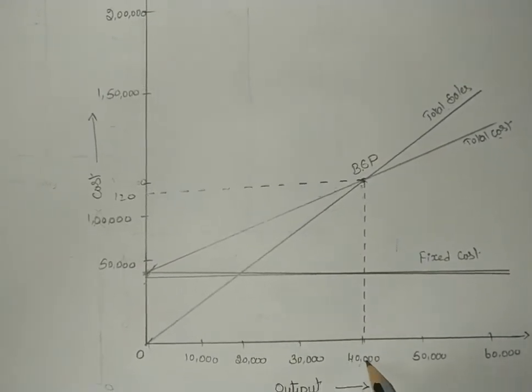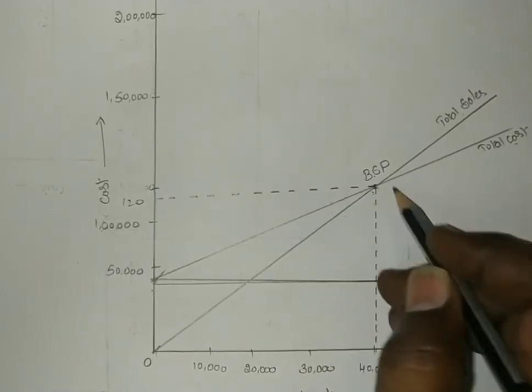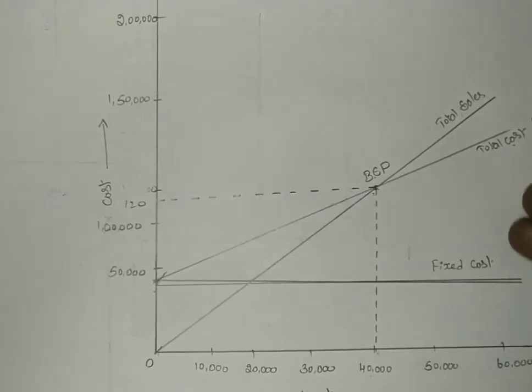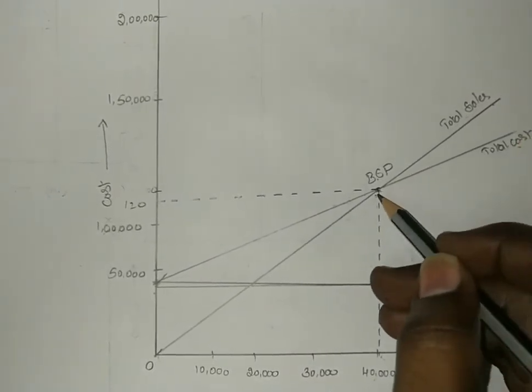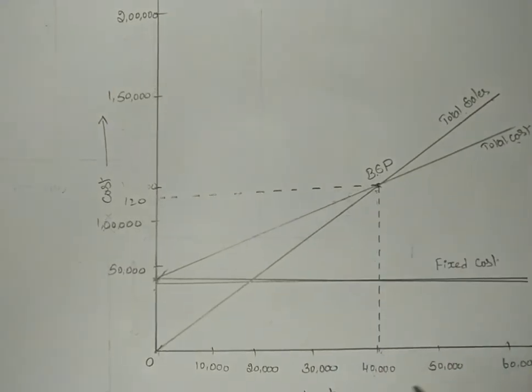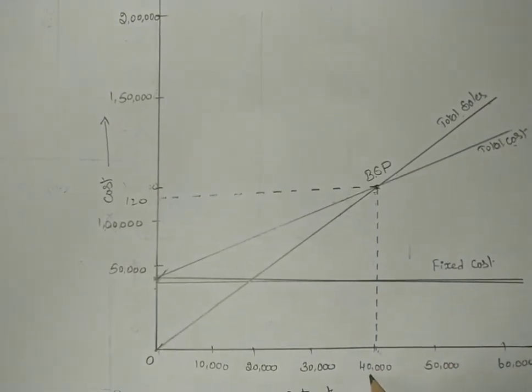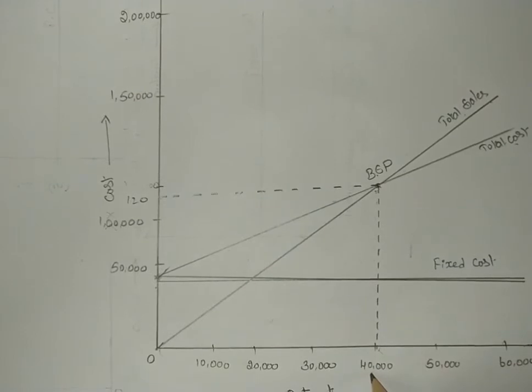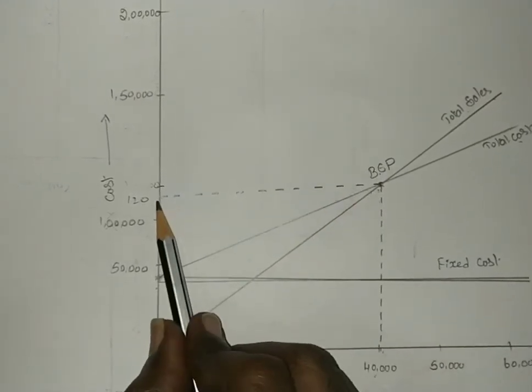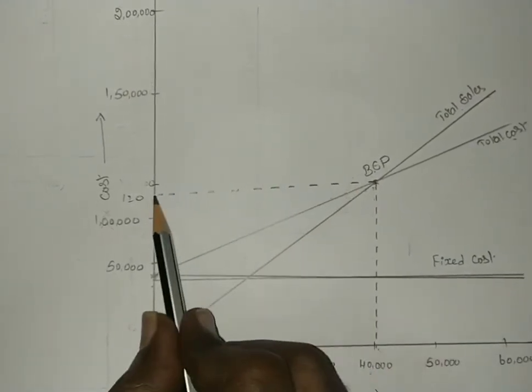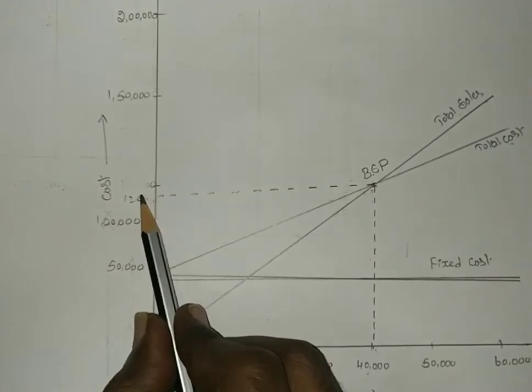So at these 40,000 units both curves meet, and the total amount, 40,000 break-even units into selling price 3 rupees, gives 1,20,000. So here the cost is 1,20,000 rupees.